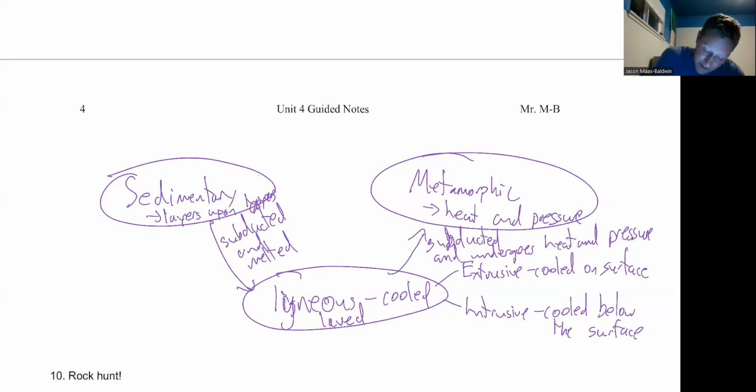Okay. Sedimentary rock can become metamorphic rock by being subducted and pressurized and heated. And then any of these rocks, right?